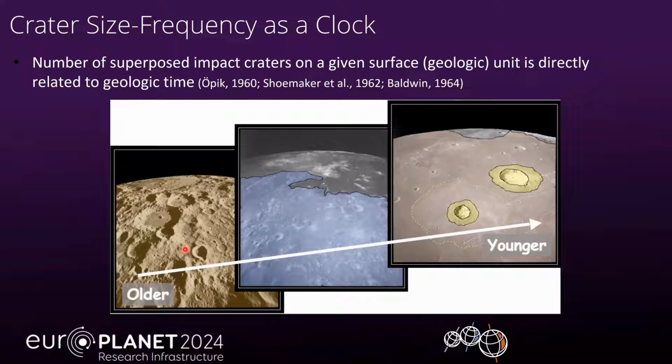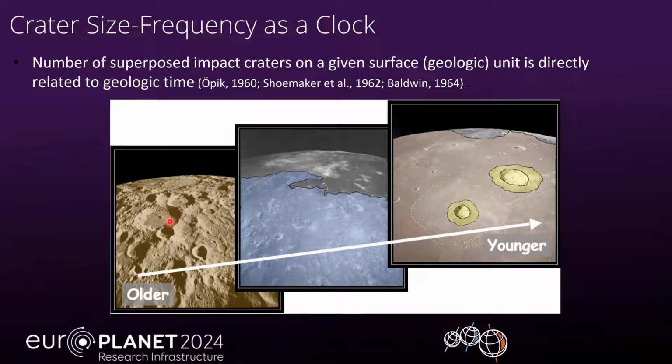Okay, but cratering is a process that can be modeled mathematically if you are assuming that it's a random process. If you know something about the flux of material that's coming in onto the moon, maybe you can do more than just the relative determination of ages.